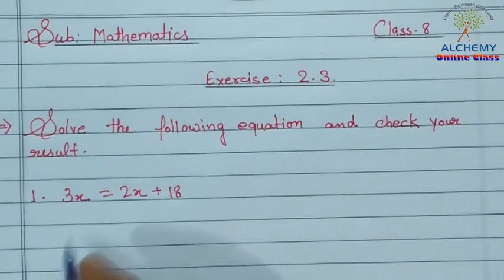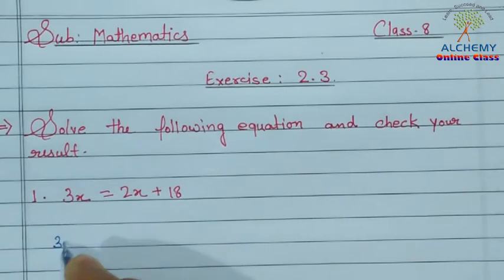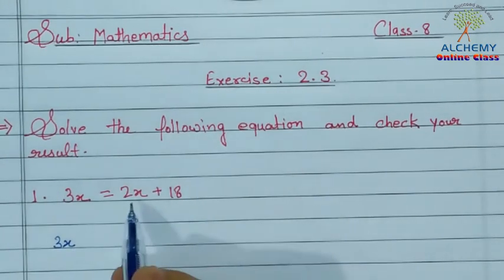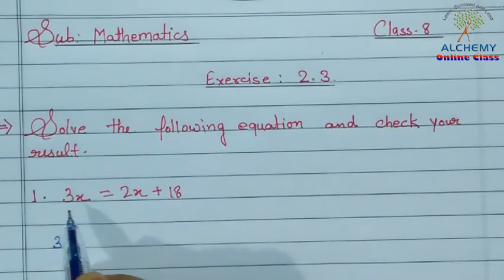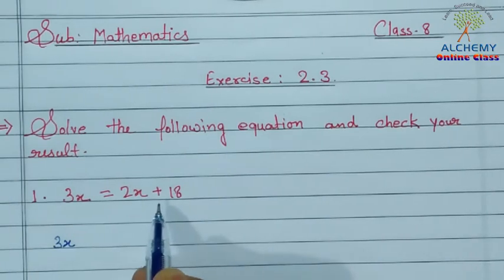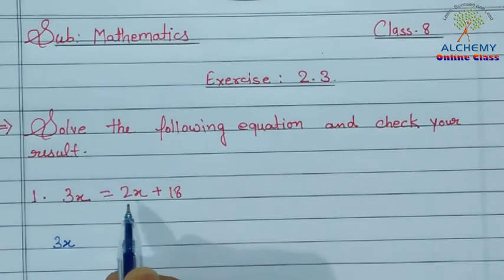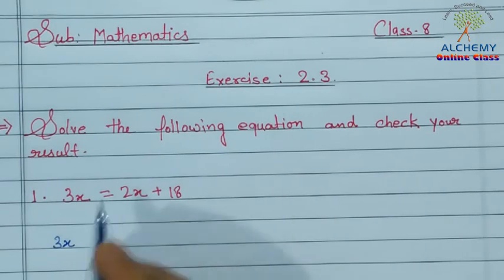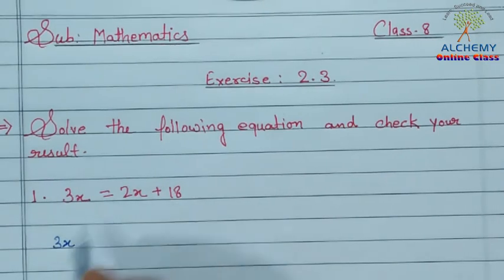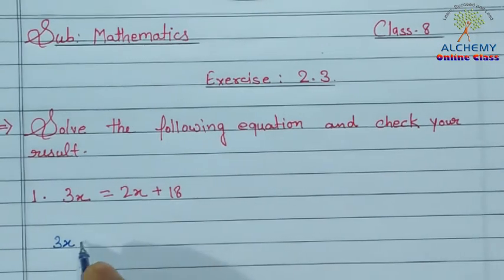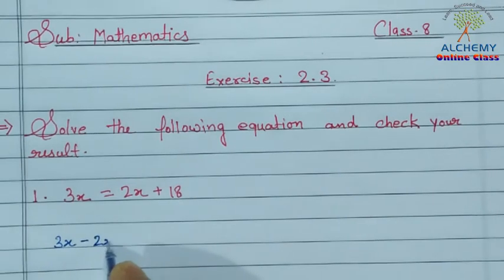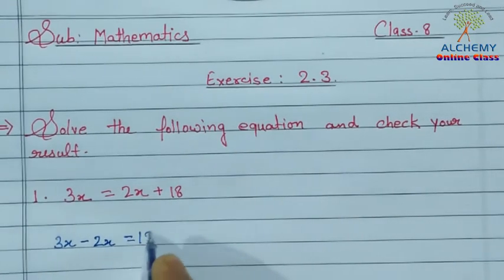Okay, so here we have 3x, and when we are taking this 2x to the other side, it is here in addition with 18. So when it comes to the other side, it will be subtracted from 3x. So 3x minus 2x is equal to 18.